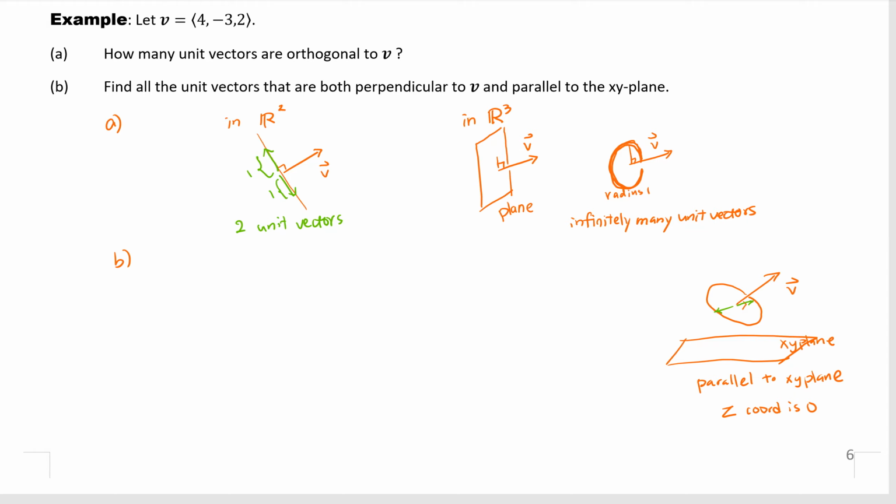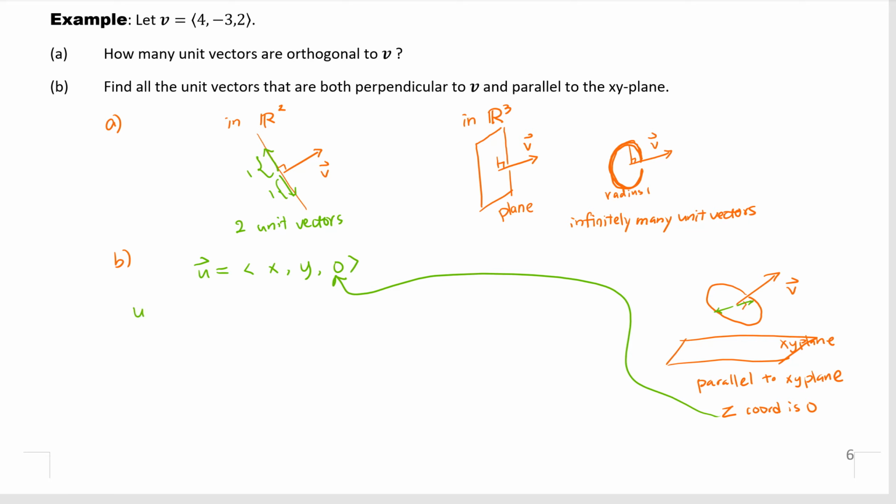Okay, so let's write down what we said. Let u be the unit vector. Then because the z coordinate is 0, we can set it up as (x, y, 0). So far so good.